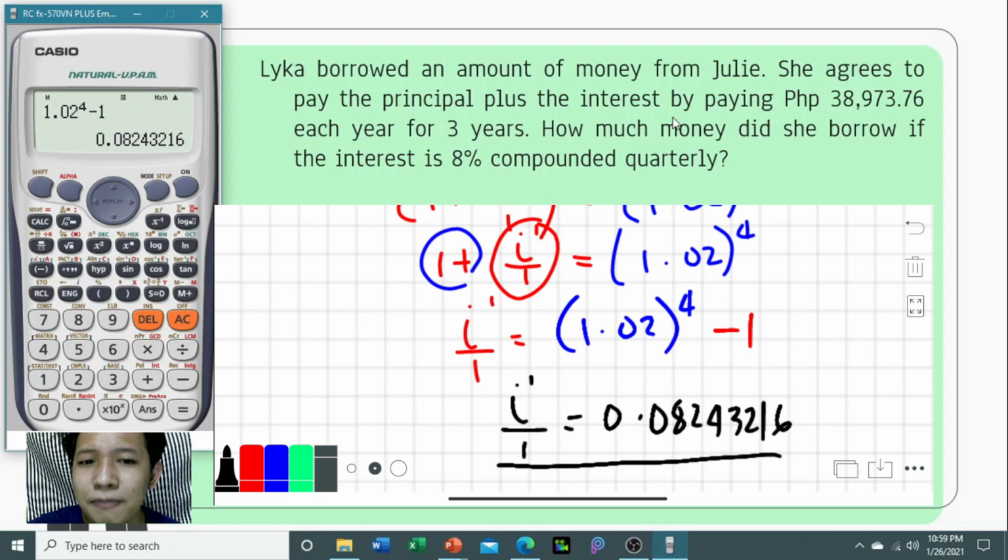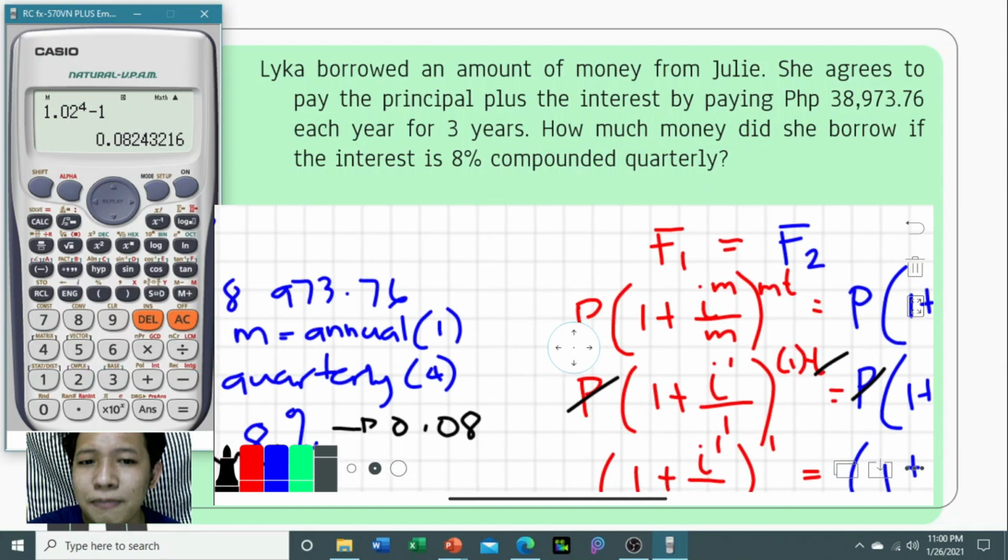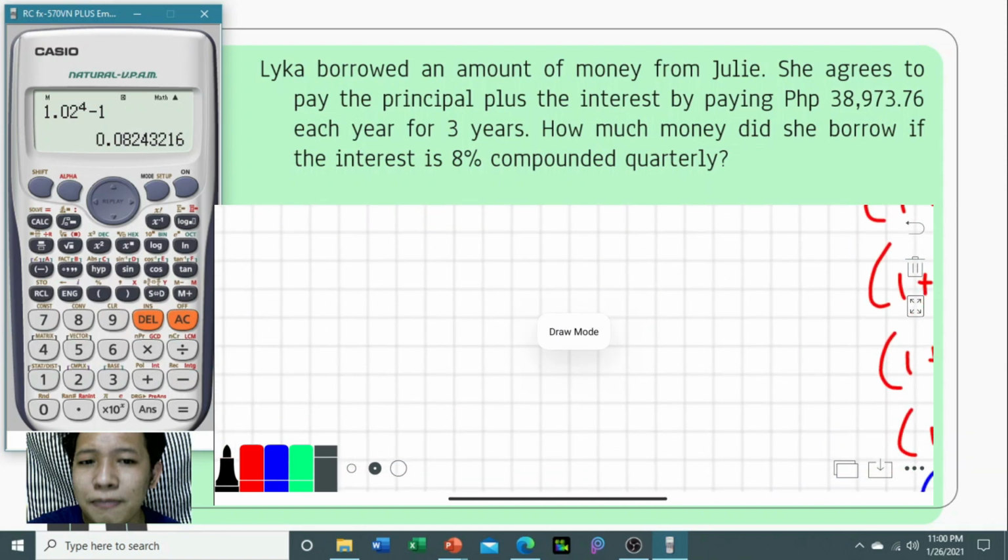Okay, so ito po yung gagamitin natin sa ating formula in getting the present value. So how much did she borrow? We'll be having P equals R times 1 minus, so wag pong kakalimutan, kapag P po, mauna yung 1 minus.